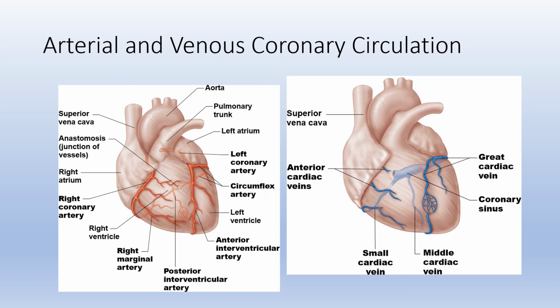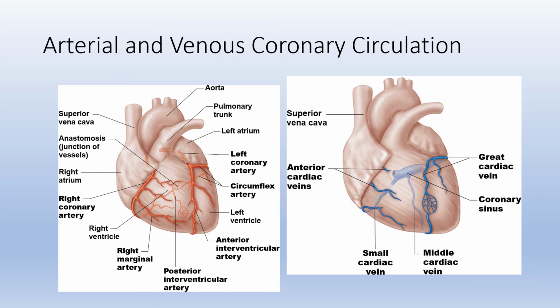The middle cardiac vein is found alongside the posterior interventricular artery. And the small cardiac vein is adjacent to the right marginal artery. These three cardiac veins will push their blood into the coronary sinus. Remember, the coronary sinus was one of the three ways that we could enter the right atrium with oxygen-poor blood.